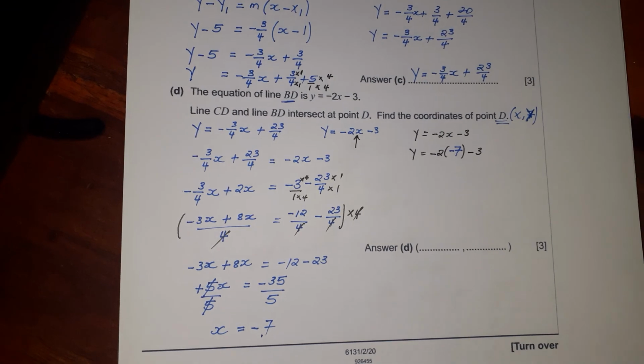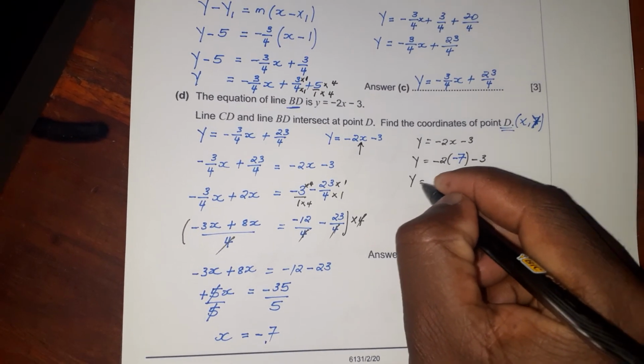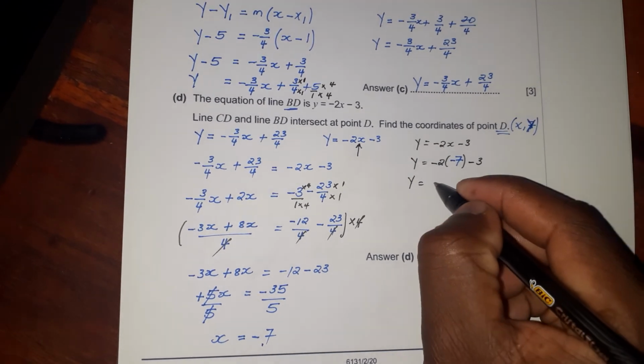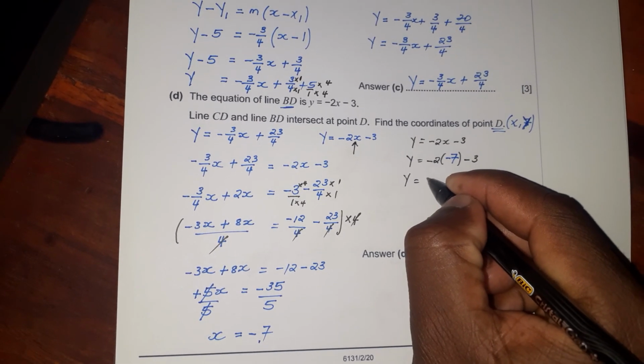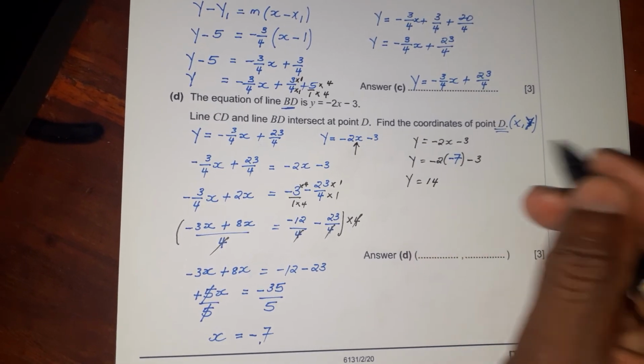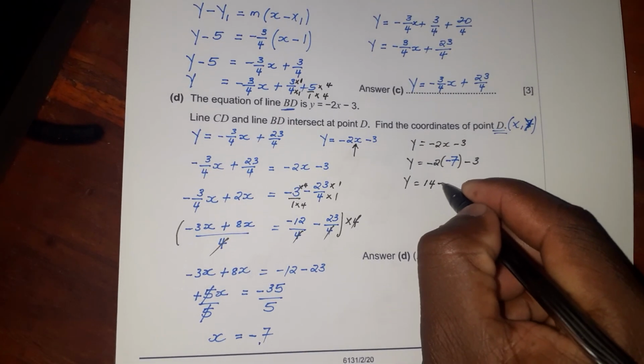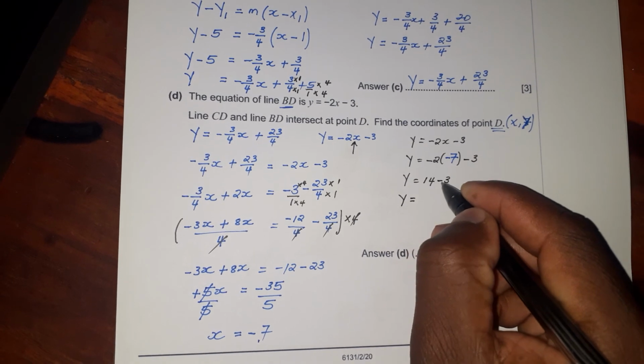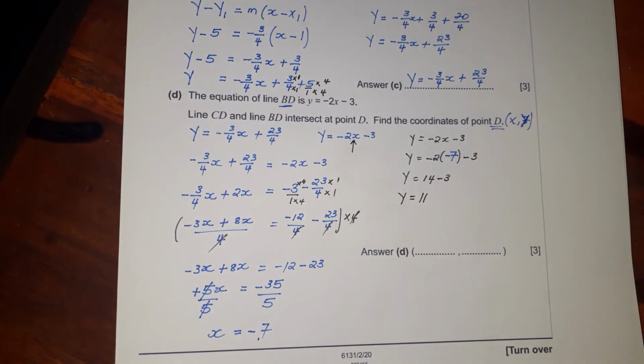Now negative 2 times negative 7 gives us positive 14, and then minus 3. 14 minus 3 is equal to 11.